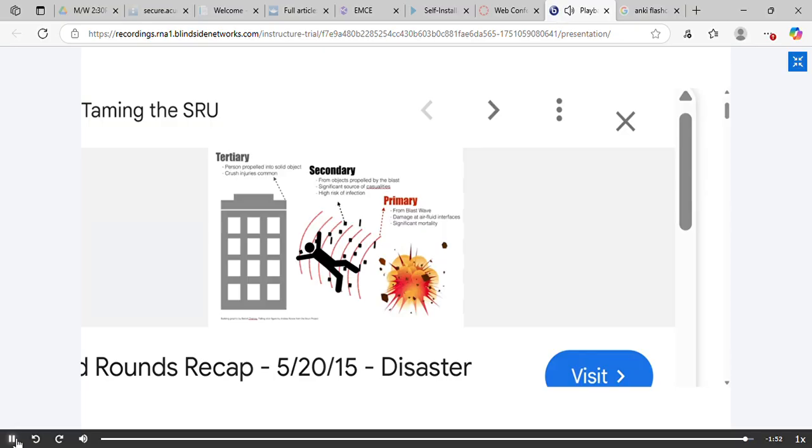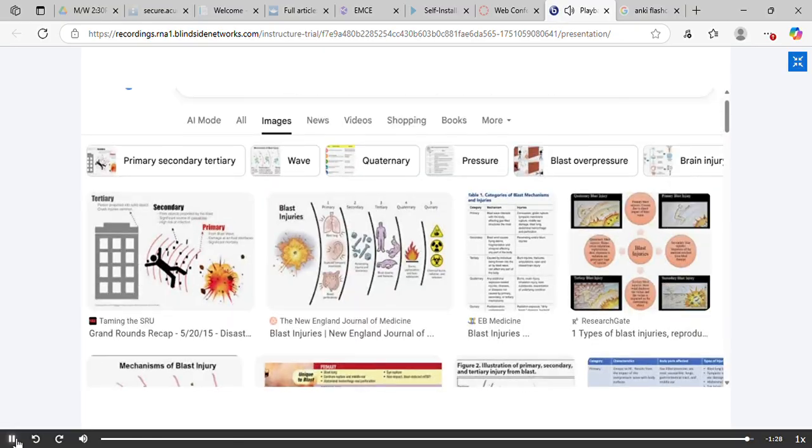Absolute priority. We talked about how to take care of the different kinds of bleeding, extremities versus junctional versus your torso, tourniquets and wound packing and when we use this and when we use that. We talked about C-spine, we talked about the different signs and symptoms, the Cushing's triad with epidural versus subdural bleeding.